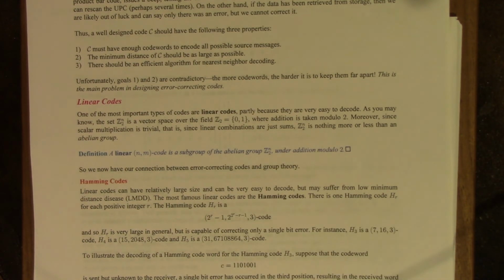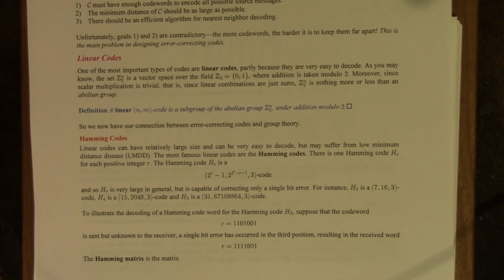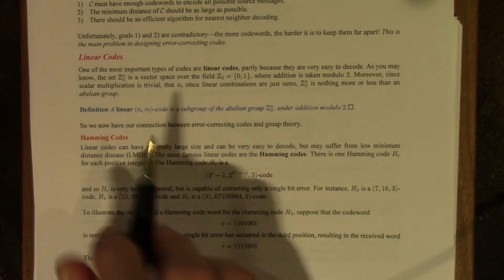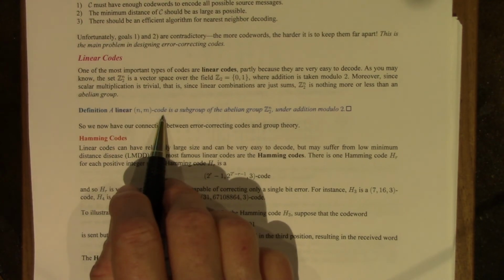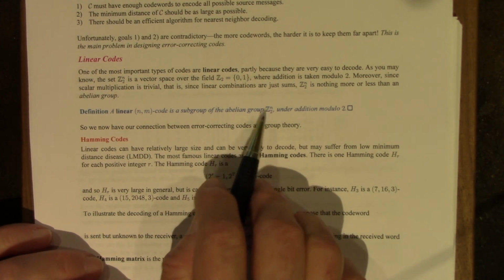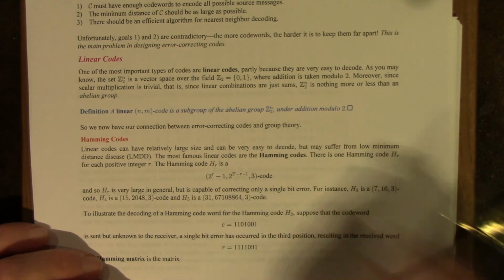The scalar multiplication is really sort of unnecessary. Addition takes care of scalar multiplication pretty much. A linear n-m code is a subgroup of this abelian group, again under addition mod 2.